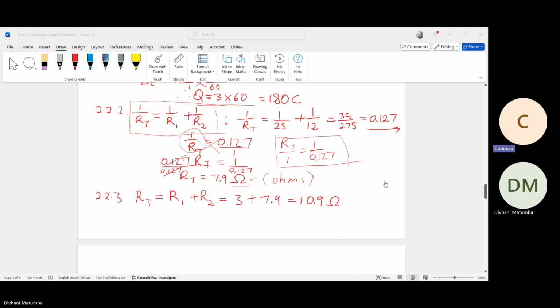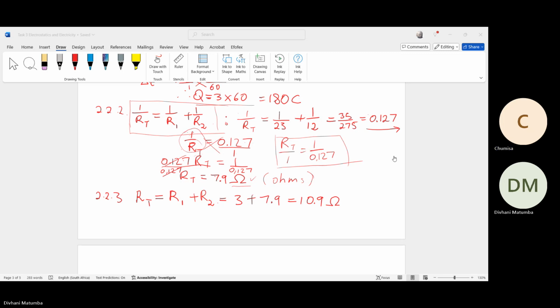There's something you must get rid of. You must get rid of parallel resistance. You must nullify all the parallel resistance so that you can easily solve your circuit.